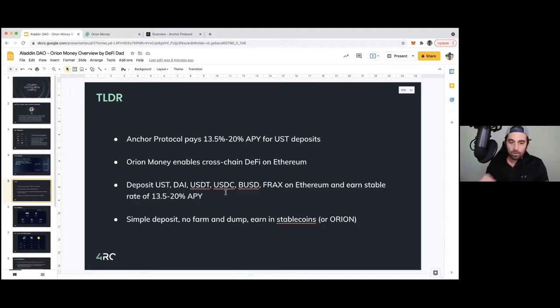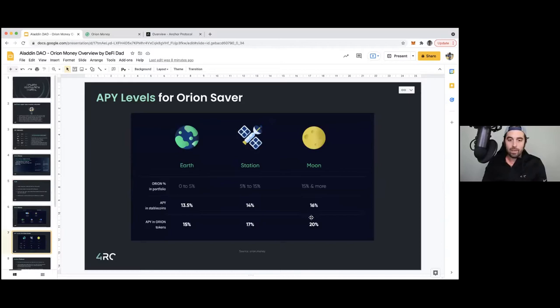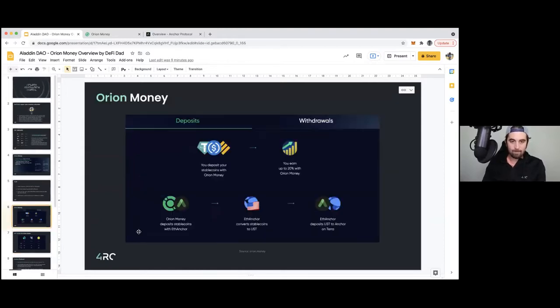And then the only other thing to consider here is if one chooses to be paid in Orion versus stablecoin yield, you can earn more. And so this is something that I'm not expecting we'll be able to do because it does require some additional steps of depositing Orion. But here's a nice simple diagram of this on the DApp.